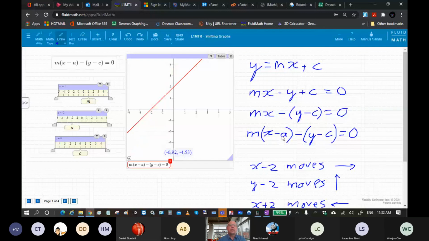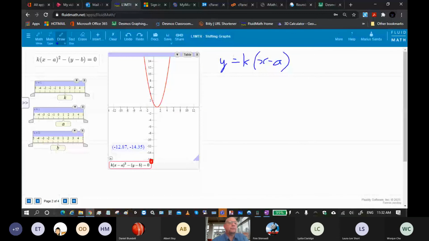Okay? Now, the parabola in vertex form is y equals k(x minus a) to the power of 2 plus vertical shift. Yeah? Now, if I rearrange this a little bit, I'll have k(x minus a) to the power of 2 minus y plus b is equal to 0.